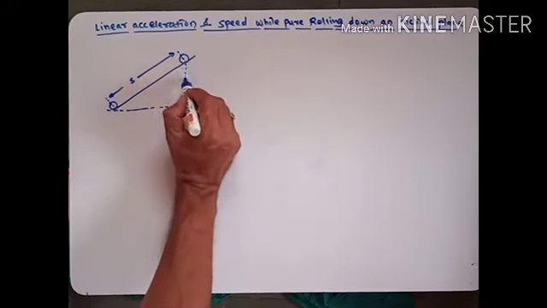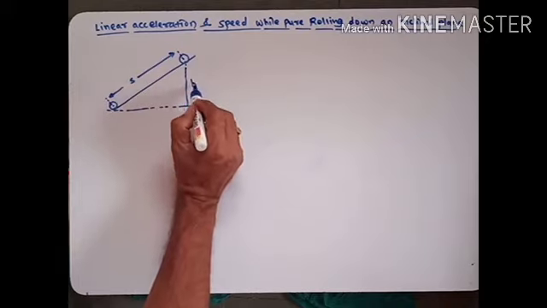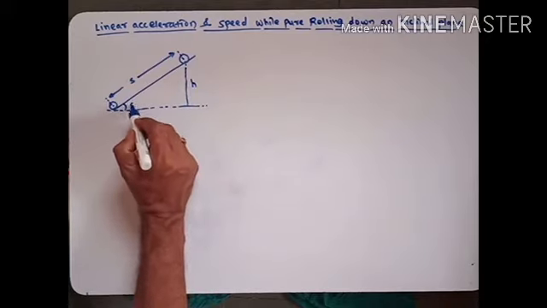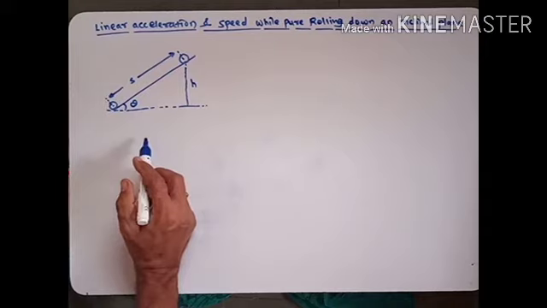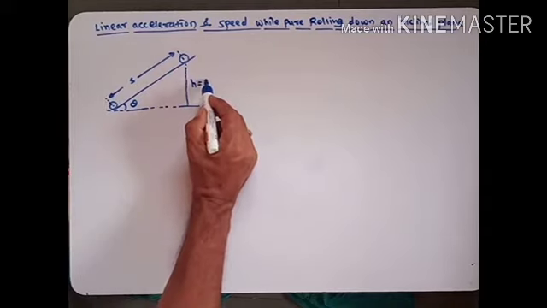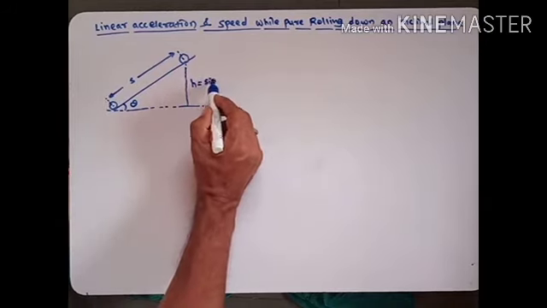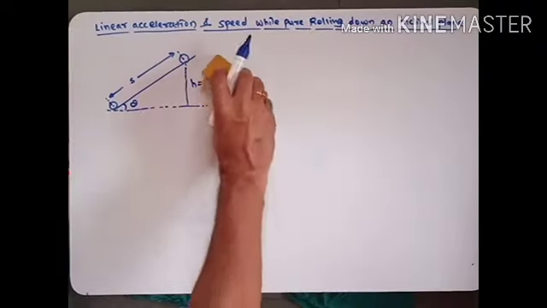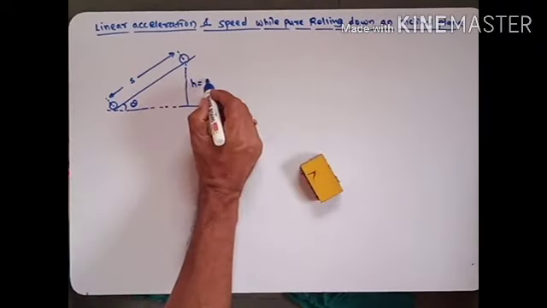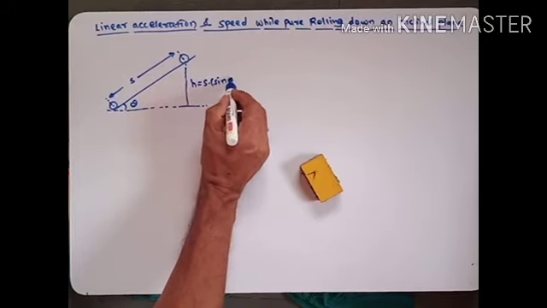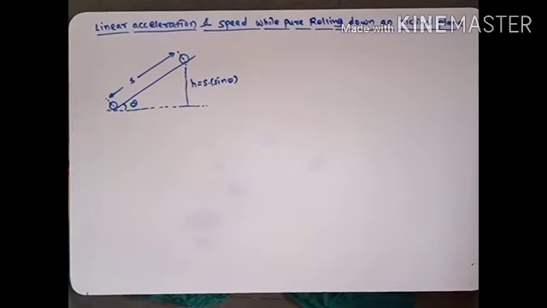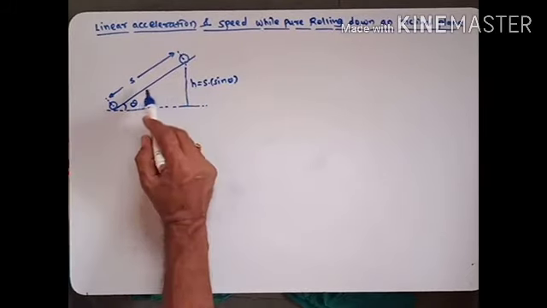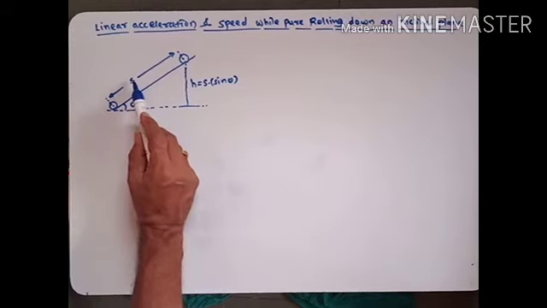H is the height and theta is the angle. Sine theta is equal to H upon S, and therefore H is equal to S sine theta, the height of the body on an inclined plane in terms of S.